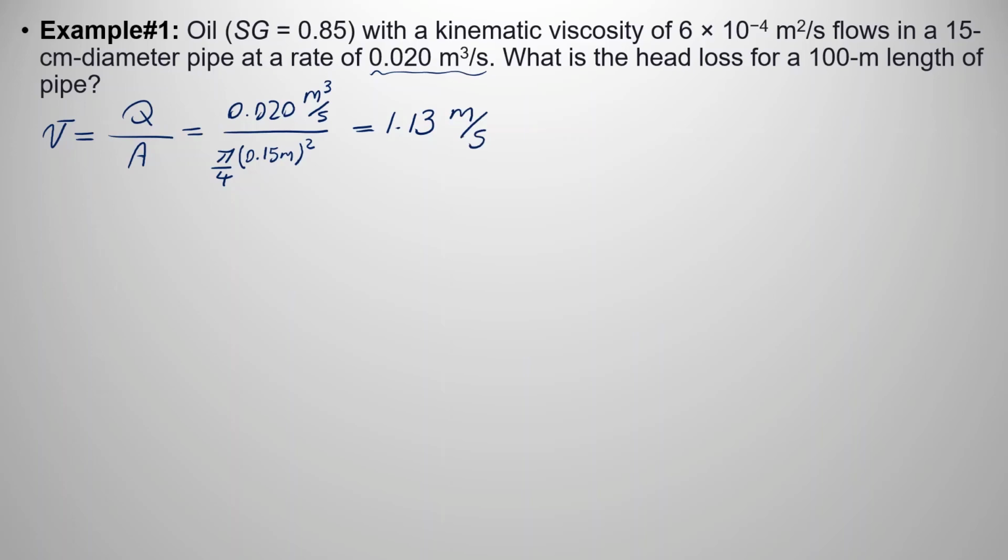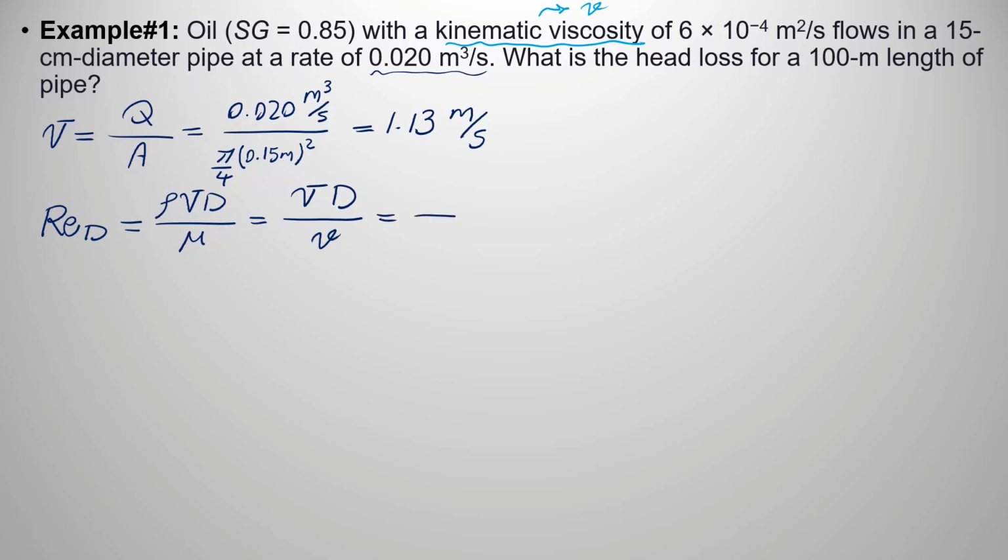Now, I have the average velocity. I'm going to calculate Reynolds number to figure out if the flow is laminar or turbulent. So I know that Reynolds number for a pipe with diameter of d is equal to rho velocity diameter divided by mu, or I can write it in terms of nu, velocity diameter. Why can I write it in terms of nu? Because what I have here is kinematic viscosity, and kinematic viscosity is equal to nu. Perfect.